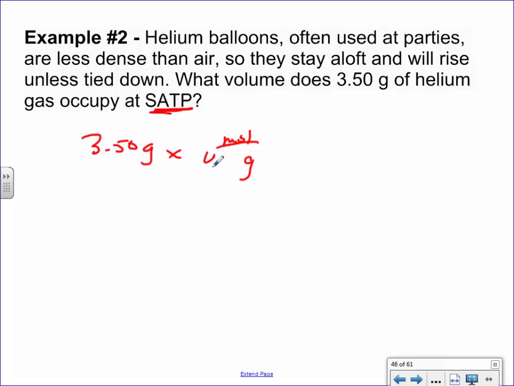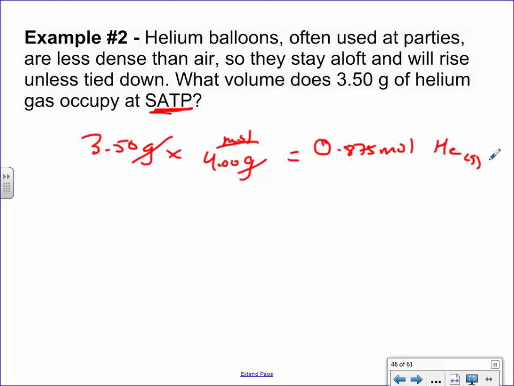That was helium a lot. 4.00 grams per mole. If I did this, I should actually grab my calculator now. I got 0.875. Maybe you try to get that too. Okay, so this is how many moles of helium gas you have.